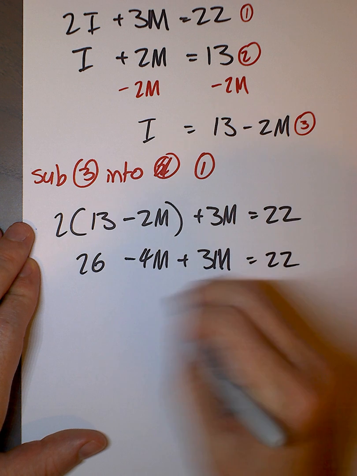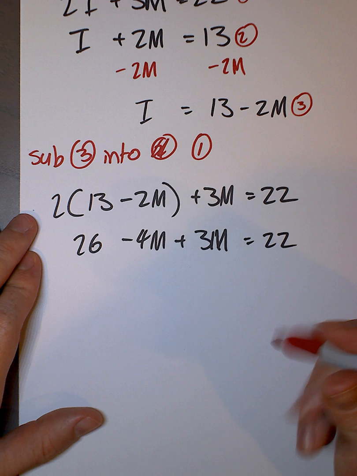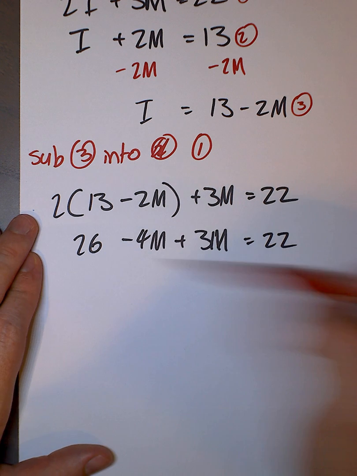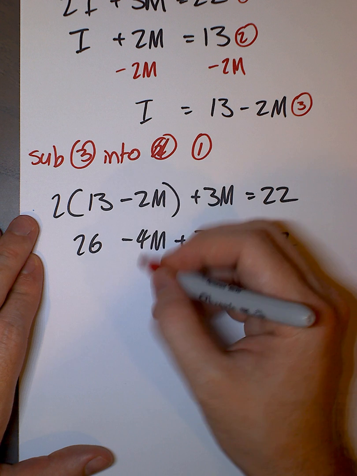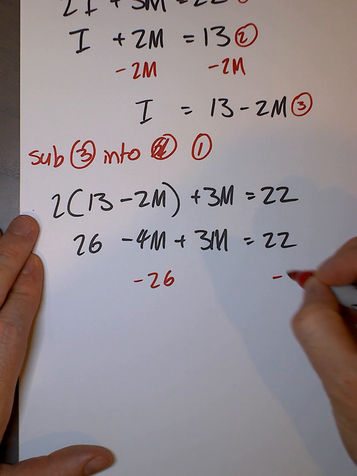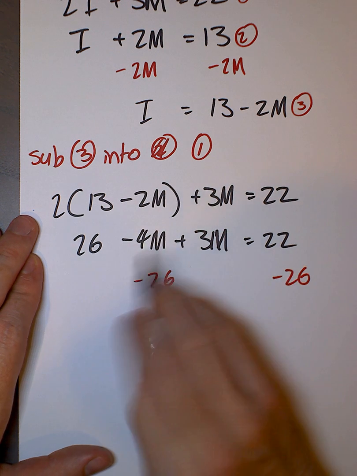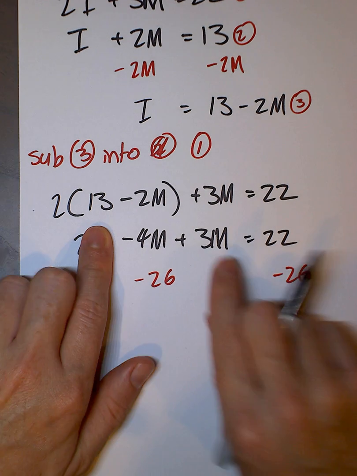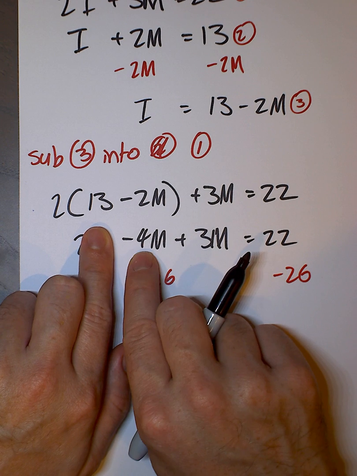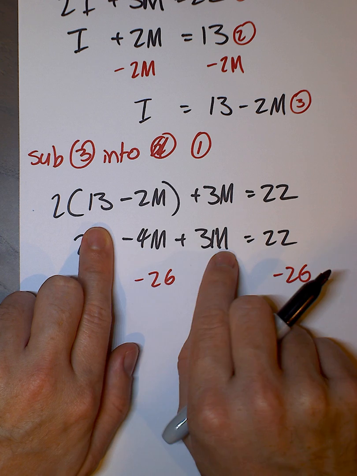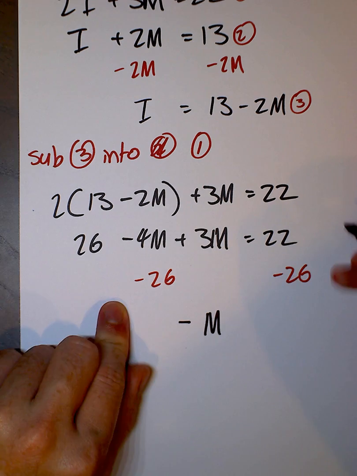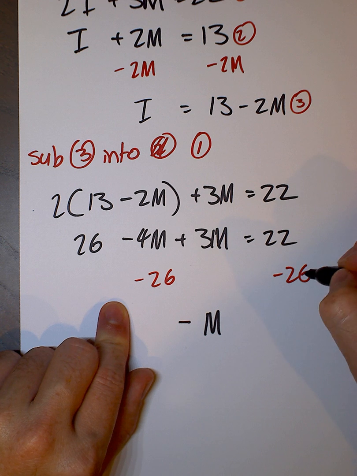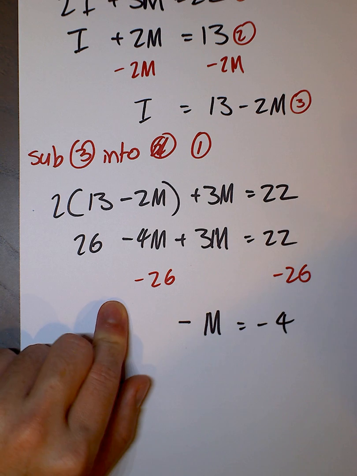equals 22. Okay, I am going to do 2 steps at once here. I'm going to minus my 26 and put my M's together. So minus 26, minus 26. So just forgetting about that, I'm looking at this part. Minus 4M plus 3M gives me minus M. And then 22 minus 26 gives me minus 4.